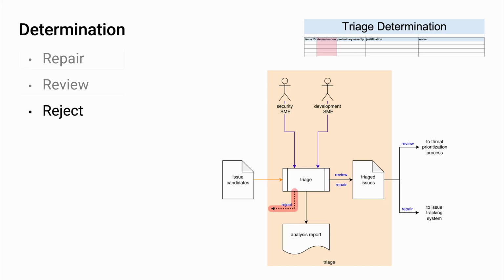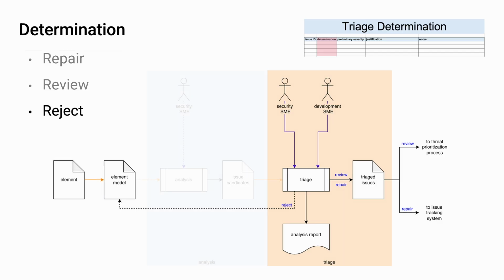The question becomes, how do we reject an issue? As it turns out, issue rejection manifests itself in 2 distinct ways, depending on whether we're looking at a design analysis or an implementation analysis. When we're talking about design analysis and we reject an issue, what we're fundamentally saying is that the element model is incomplete and the issue would not be manifest if the model took into consideration other information that it doesn't presently.